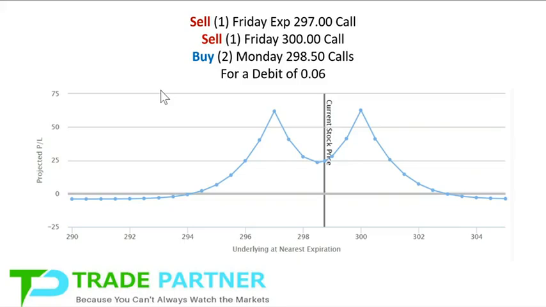Again, this is actual fills. This is an actual trade, okay? No matter what, I cannot lose more than $6 to the downside. No matter what, I cannot lose more than $6 to the upside if this is all I did.